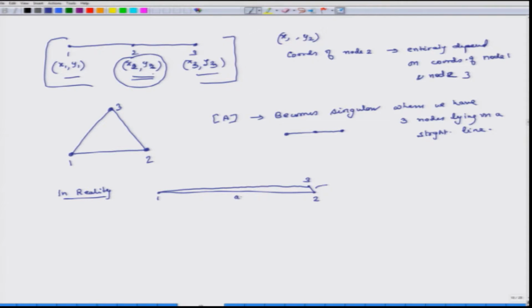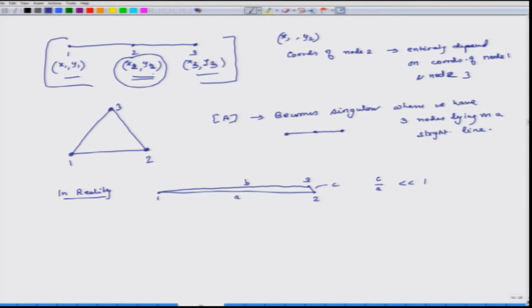It has 3 sides A, B and C. Here side C over A is extremely small compared to 1. In this case, the coordinates of node 3 and node 2 will be very close to each other.